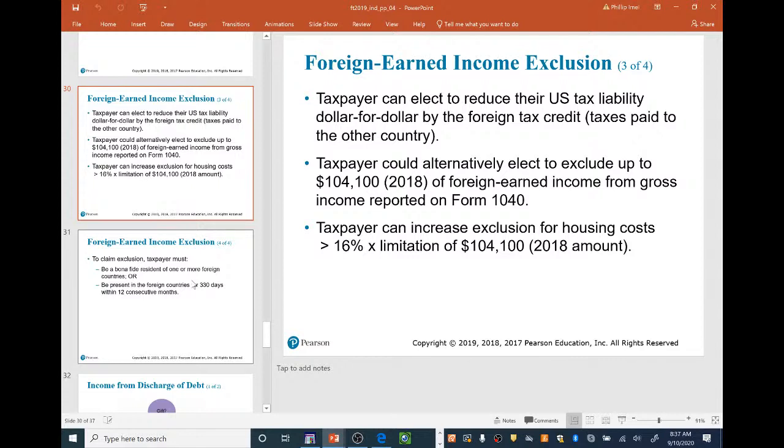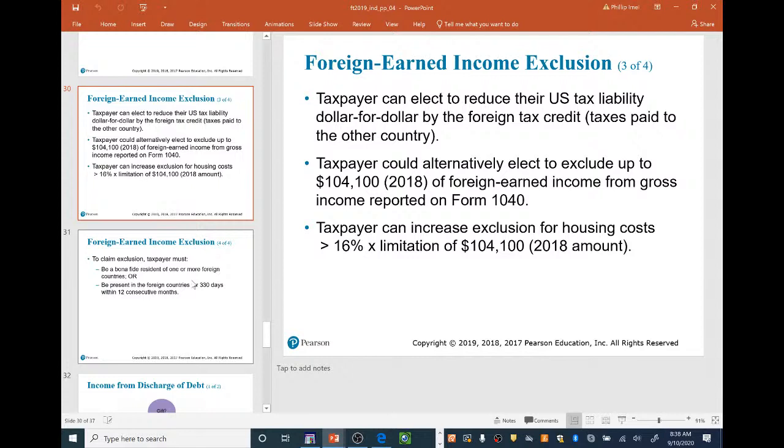Now, if the U.S. tax rate is higher than the foreign tax rate, the foreign earned income exclusion will be preferable. Okay? So let's just say that again. If the foreign tax rate is higher than the U.S. tax rate on the same earned income, the foreign tax credit will be preferable. On the other hand, if the U.S. tax rate is higher than the foreign tax rate, the foreign earned income exclusion will be preferable.